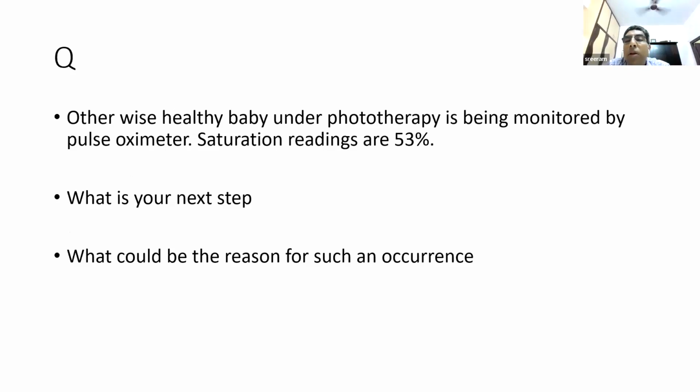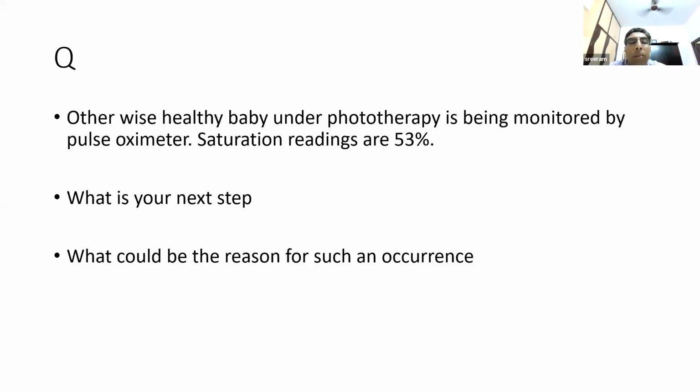It's a healthy baby under phototherapy being monitored by pulse ox. Saturation readings are 53. What will you do? Very good. So you stop phototherapy and then recheck.